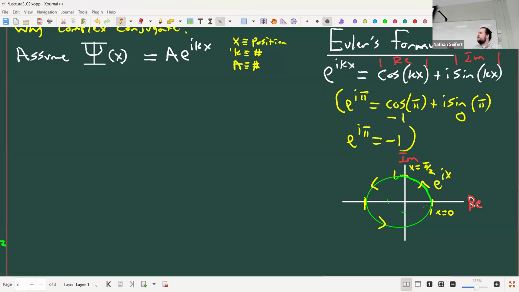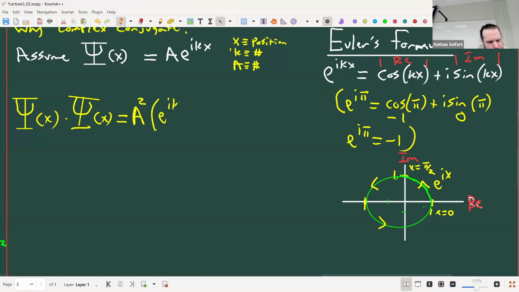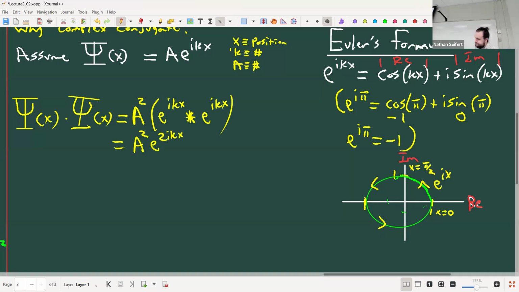So again, the question, of course, is why do we need the complex conjugate? Well, just for giggles, let's calculate psi times psi. That would be A squared, the A's multiply, times e to the ikx times e to the ikx, which is A squared e to the 2ikx.